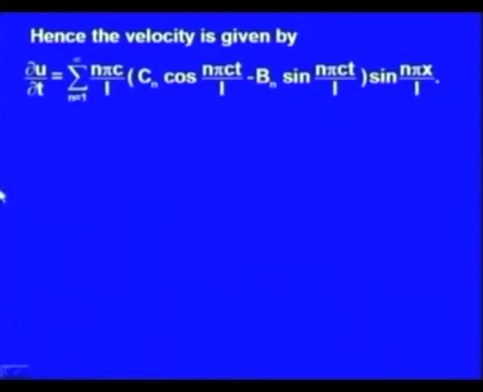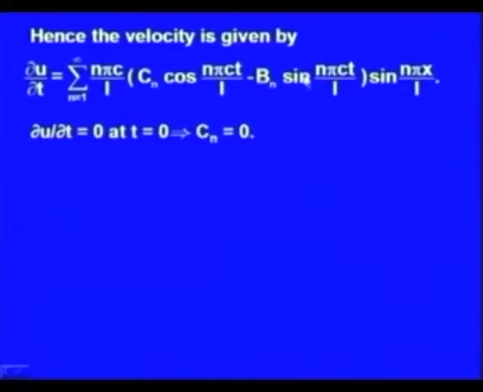So, if you differentiate that expression for u(x,t), delta u over delta t is sigma n equal to 1 to infinity of n pi c over L into c n cos n pi c t over L minus v n sin n pi c t over L, times sin n pi x over L. So, we are given that delta u over delta t is equal to 0 at t equal to 0.